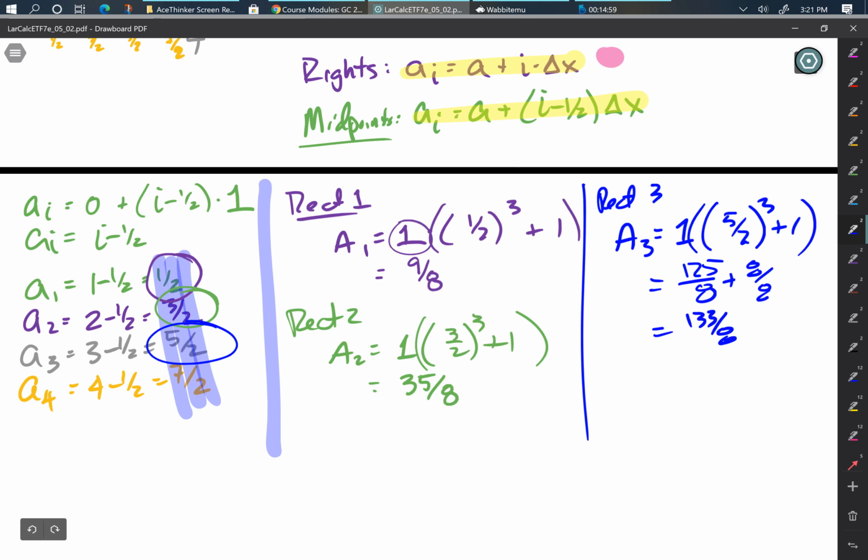And then, of course, rectangle number 4, the area of rectangle number 4, is going to be when it's 7 halves. So it's going to be 7 halves cubed plus 1. I decided to omit the base here because it's just times 1. 7 cubed is what, 243?